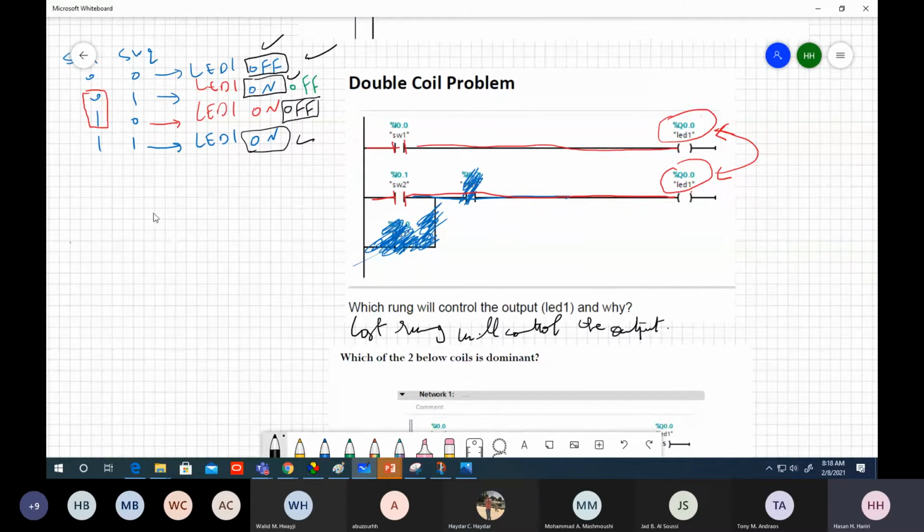Because the program, the scanning cycle, if you remember when I was talking about scan cycle, starts by looking at the input data, then executes it, then sends to the output.